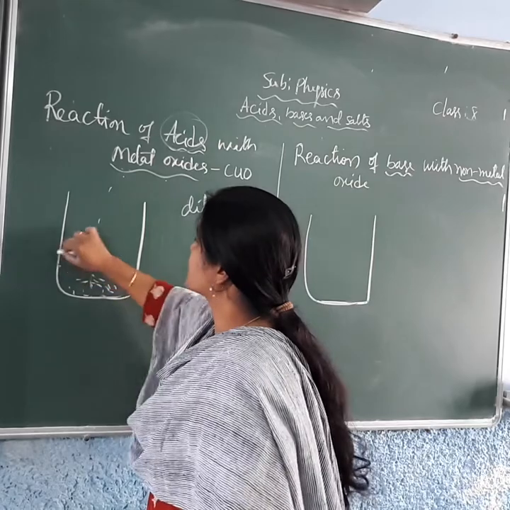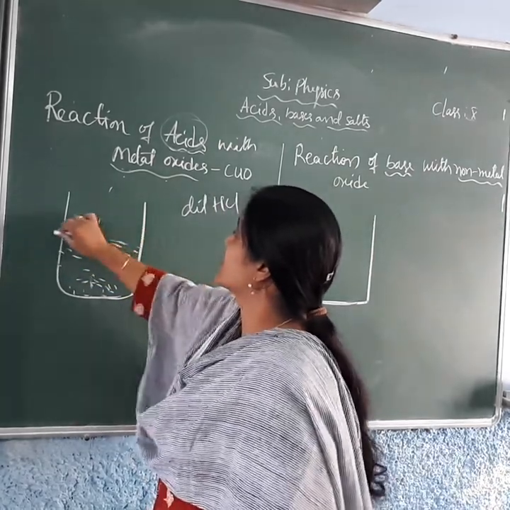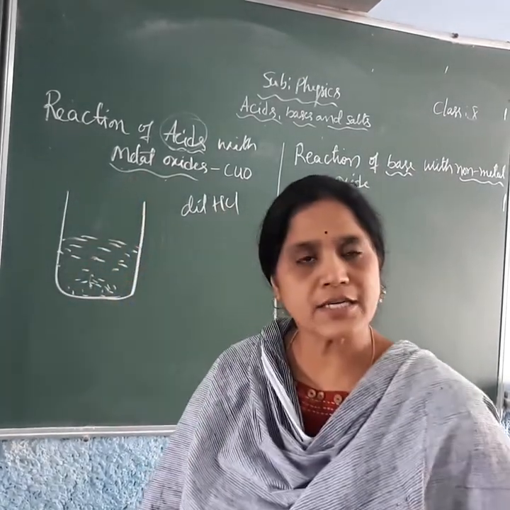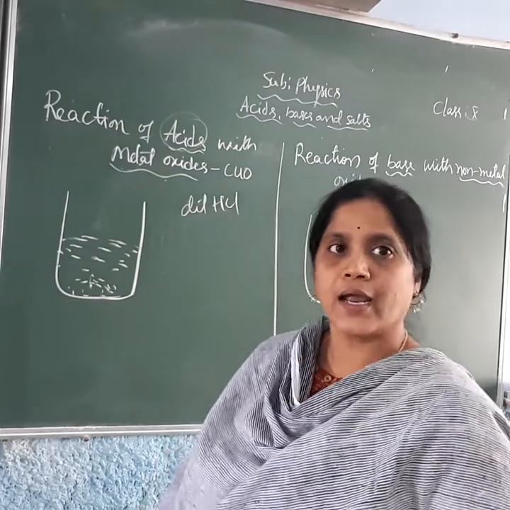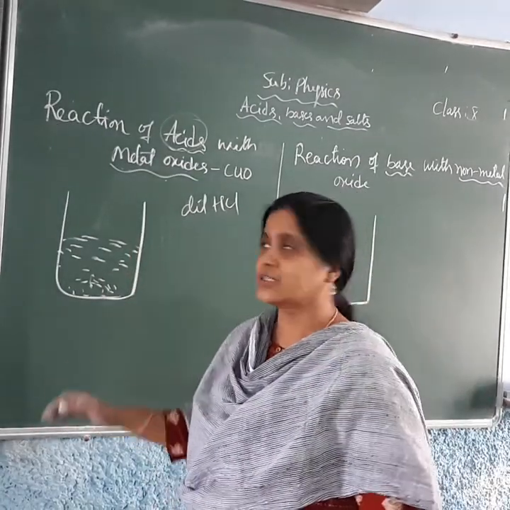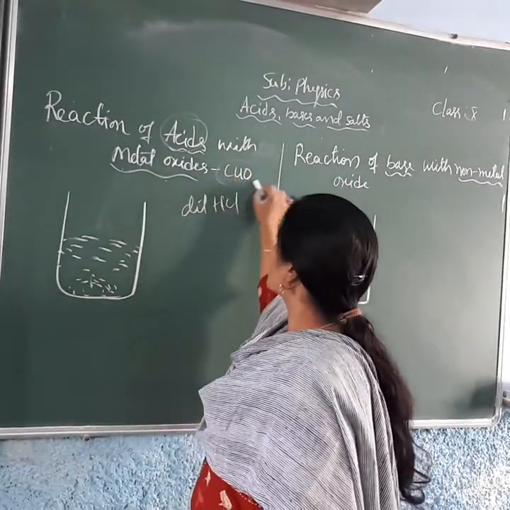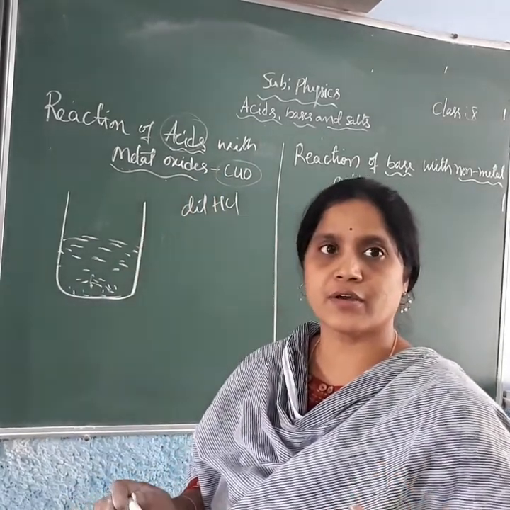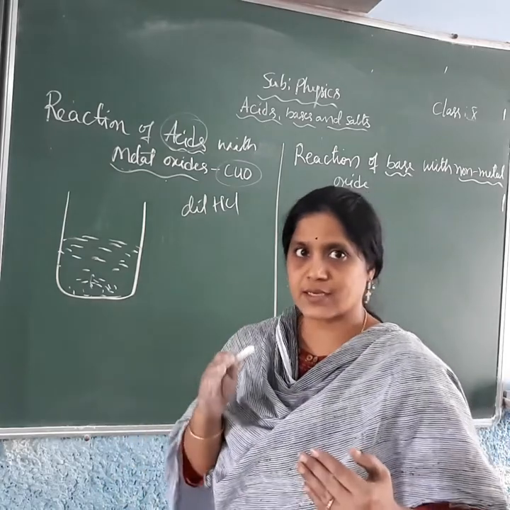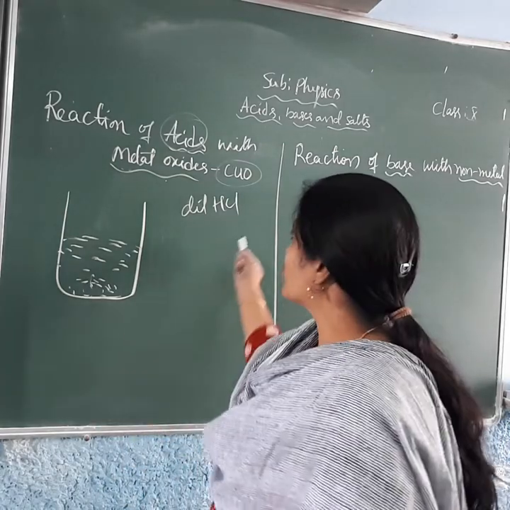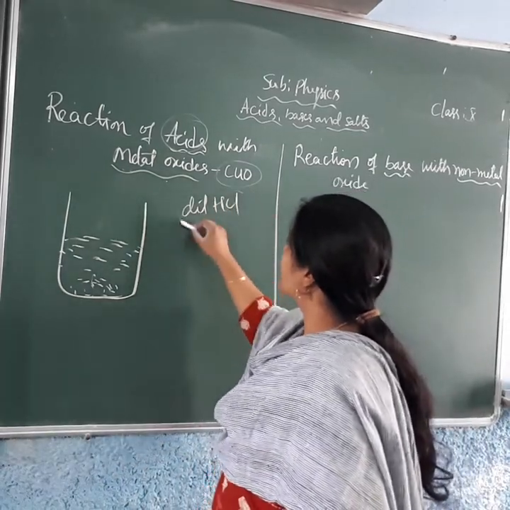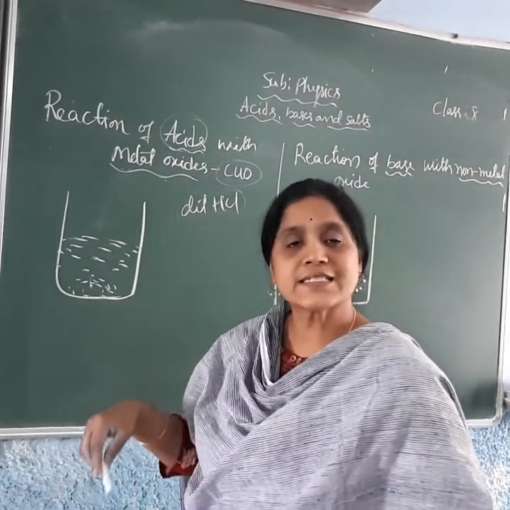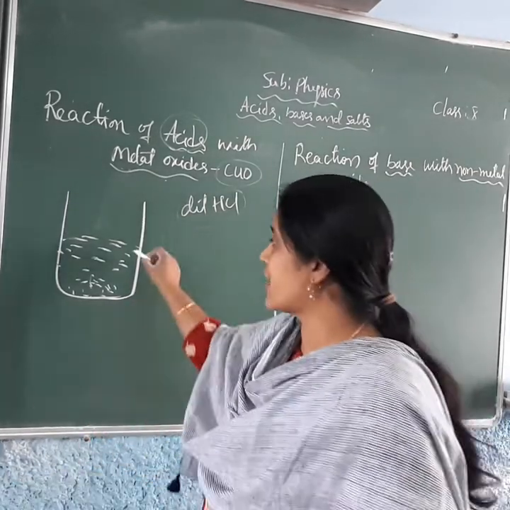When you add acid to this, the reaction takes place. Initially this copper oxide has a color, generally either bluish or black. When you add this dilute hydrochloric acid, there is a change in the solution after the reaction.